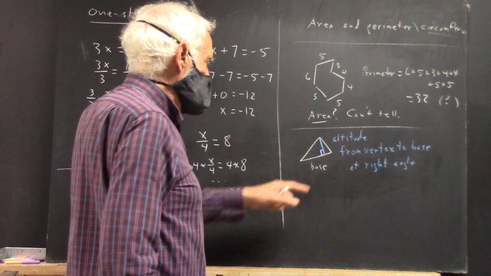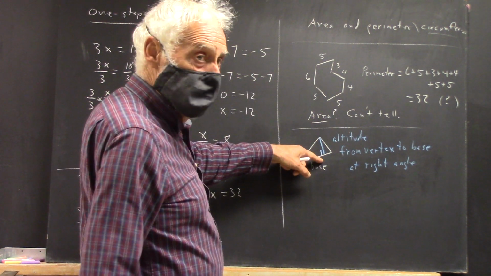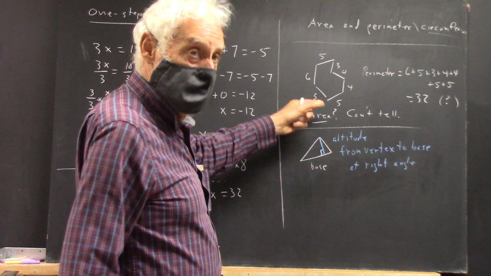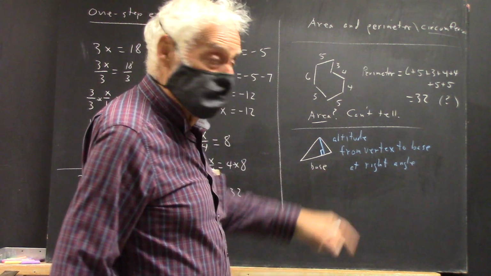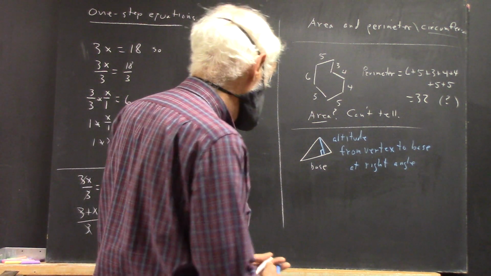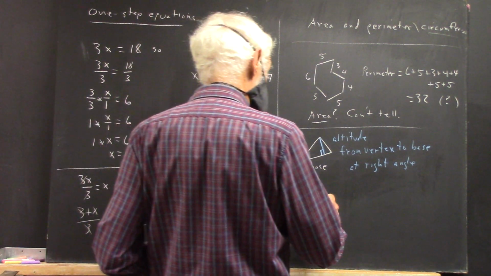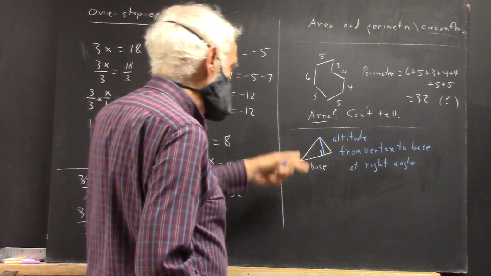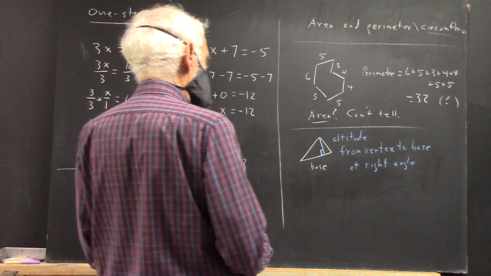And an altitude goes from the vertex down to the base, or down to the opposite side, at a right angle. Okay? I don't want to say too much about this one, but there's a definition of altitude and base.